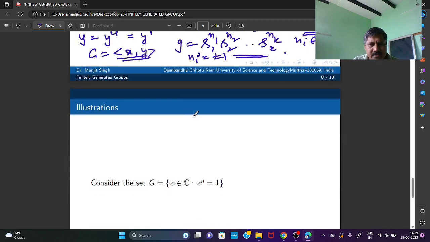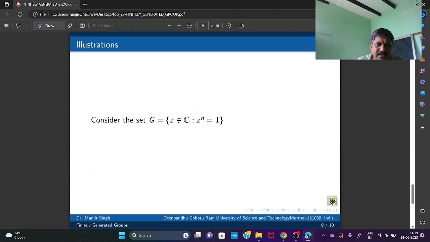I have already given an example of this. Let S have certain elements s1, s2, up to sT, so it has T elements.